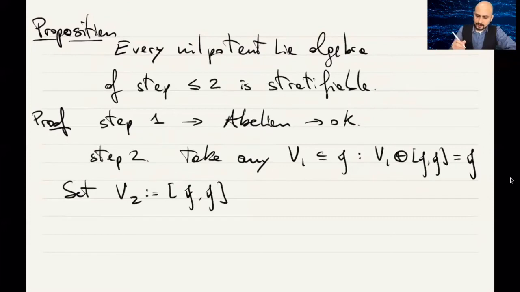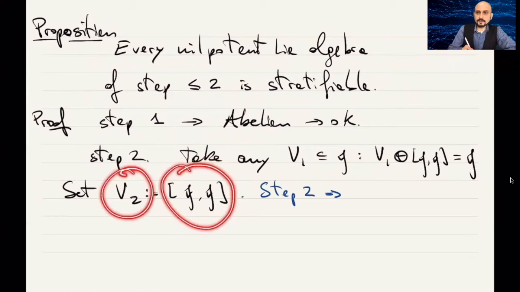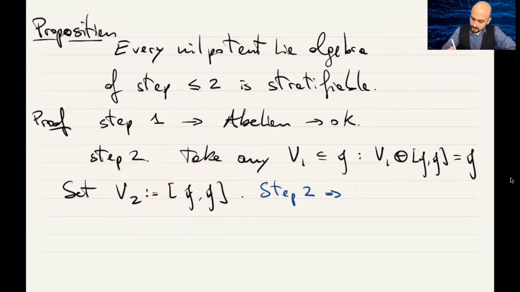Now, the fact that the step is 2 implies that if I take the bracket between an element of V2 and G, this is 0, which means that V2 is in the center. It commutes with everything. It means that [V2, G] is equal to 0.